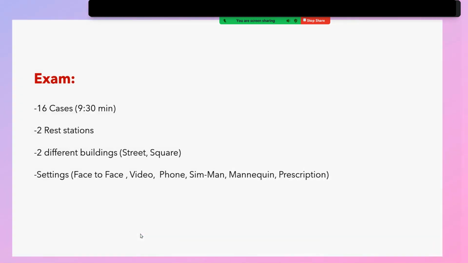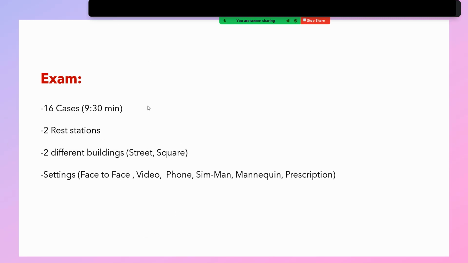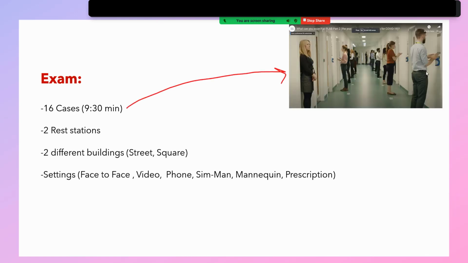Alright. Let's talk about the exam itself, the exam format. You will have 16 cases. In each case, you have to spend 9.5 minutes. Alright? 1.5 minutes for you to read your question before you enter the cubicle.